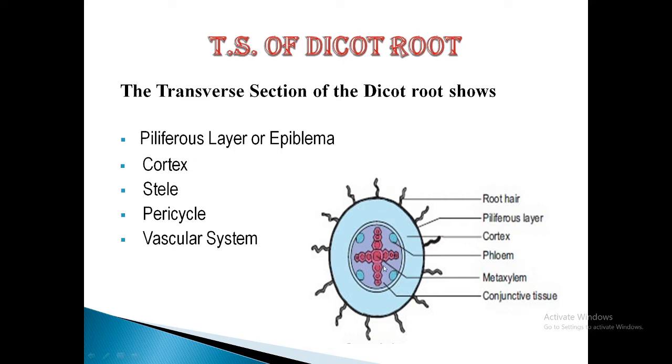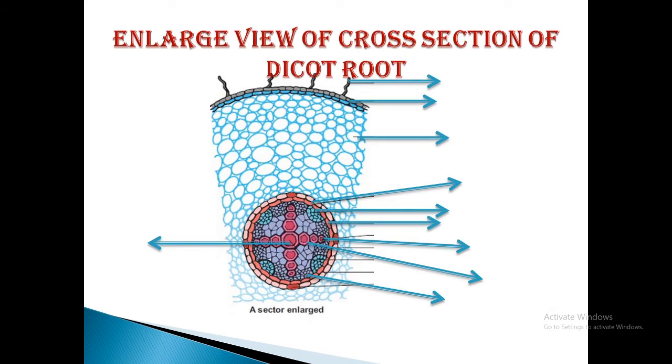So in detail we will study the piliferous layer, cortical region, stellar region, pericyclic layer, and the vascular system. So this is the enlarged view of the dicotyledonous root.